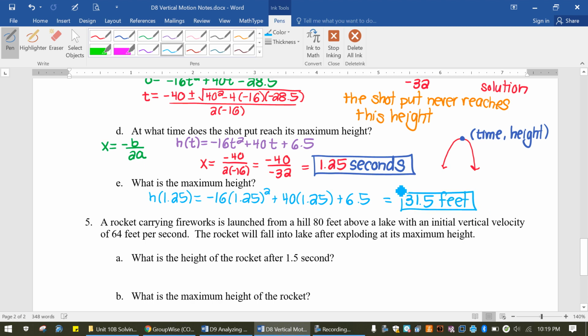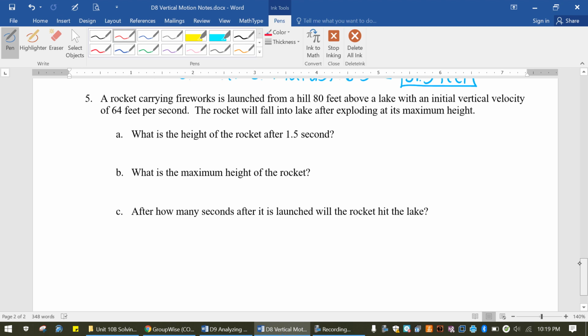So on my little diagram, it takes 1.25 seconds to get to 31.5 feet. Okay, so D and E is just taking the vertex and asking it as two separate questions. All right, let's carry on to our last question.